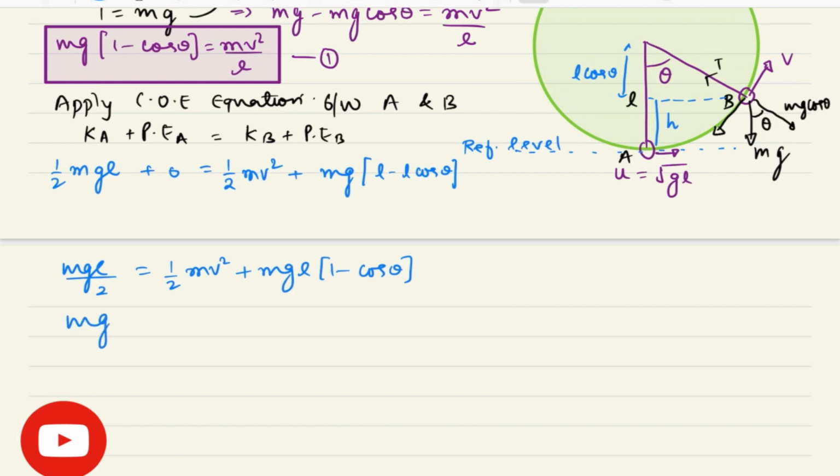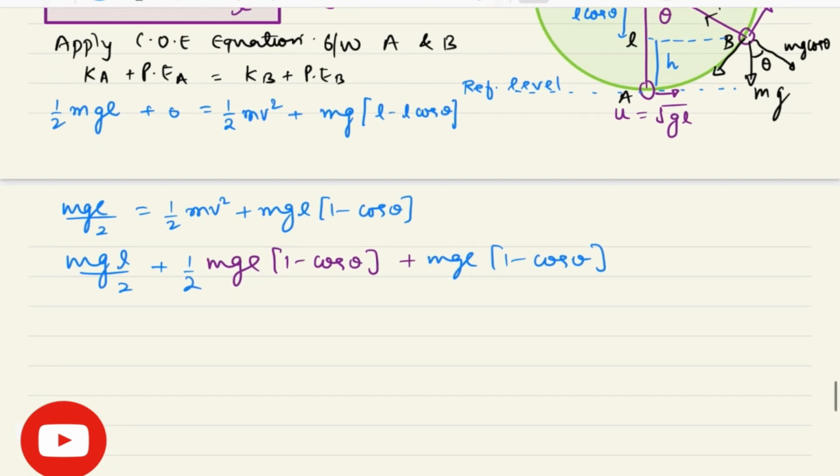So we can write mgL by 2 plus 1 by 2 times mgL(1 minus cos of theta) plus mgL(1 minus cos of theta). Okay, so let's solve this equation.